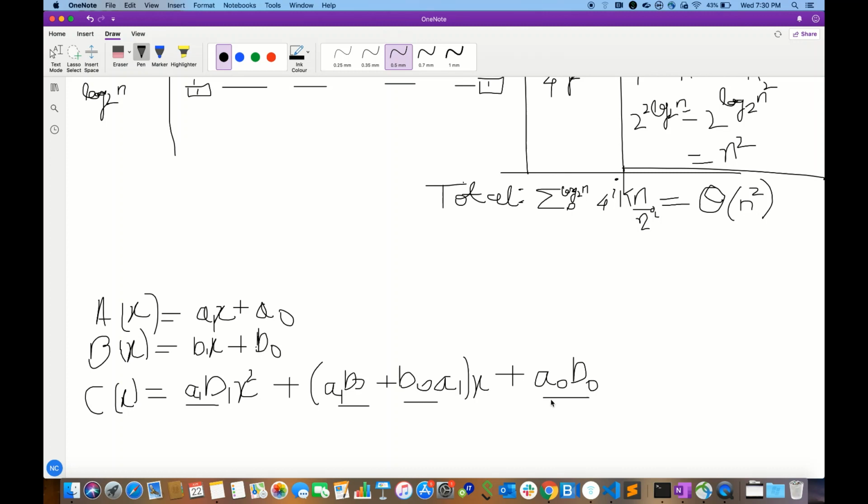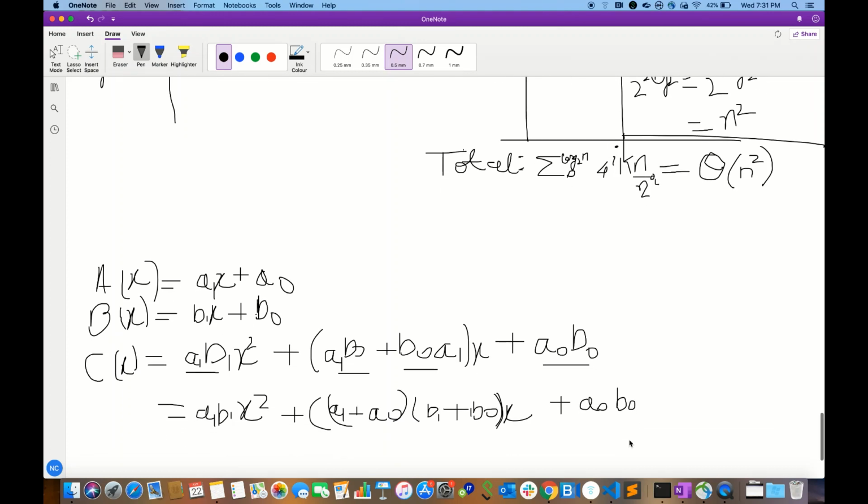So this can be rewritten as a1 b1 x square plus ((a1 plus a naught) times (b1 plus b naught) minus a1 b1 minus a naught b naught) x plus a naught b naught, where it needs 3 multiplications: a1 b1, (a1 plus a naught) times (b1 plus b naught), and a naught b naught.